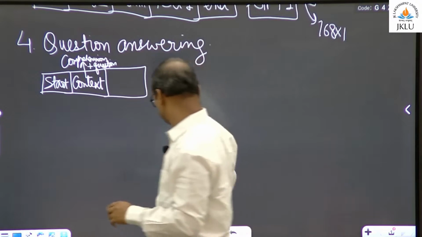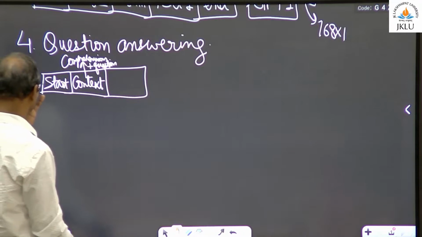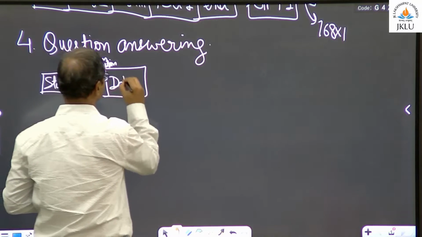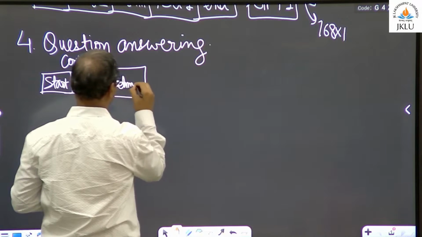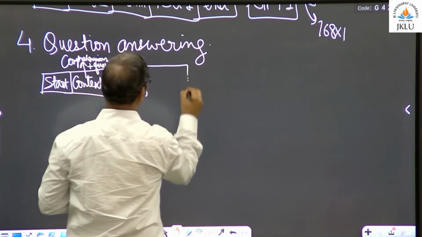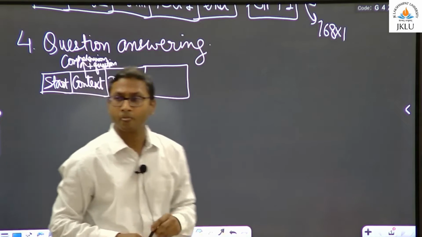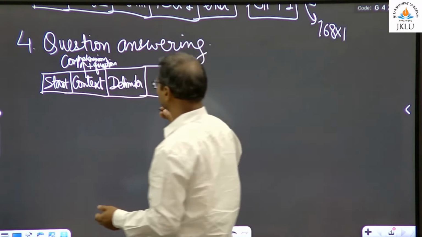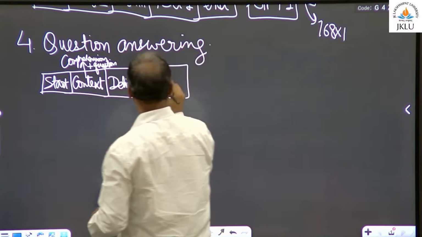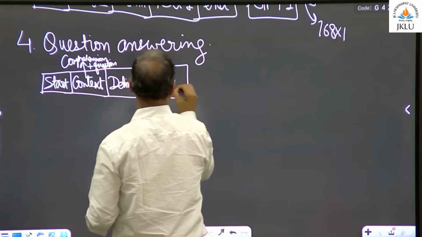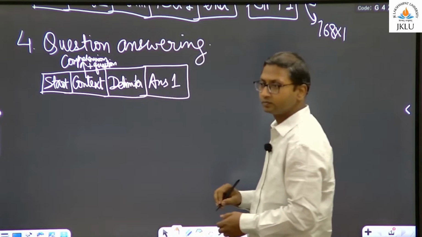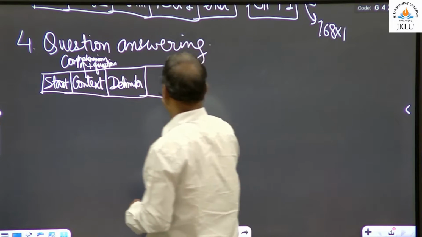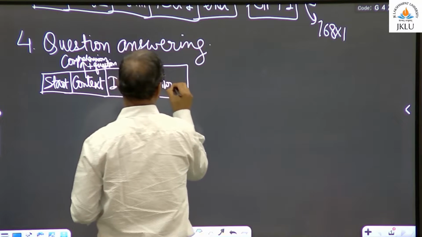So what should come here? Delimiter? Now what next? Comprehension plus question is already there. What is remaining? Answer. Question is already there. So now answer 1. This is my first option. Okay, that's a good one. So instead of, let's say, option 1.